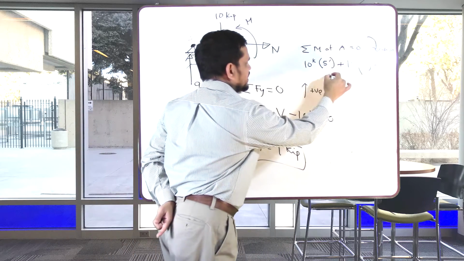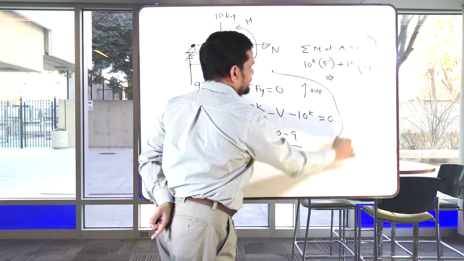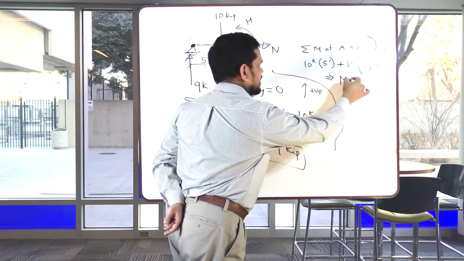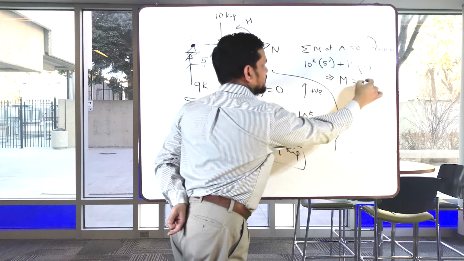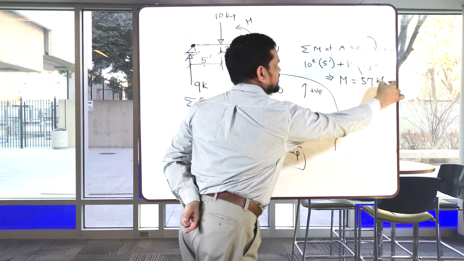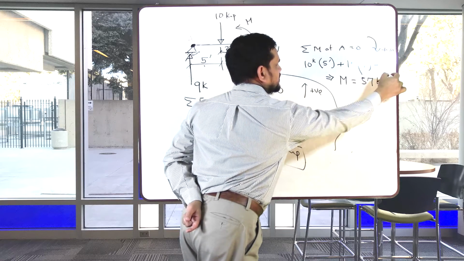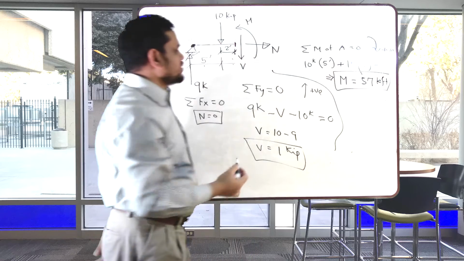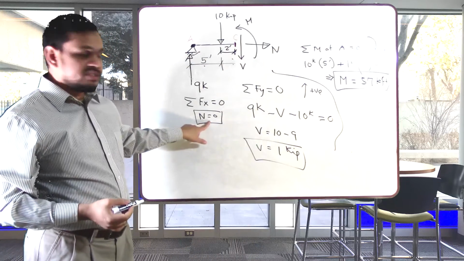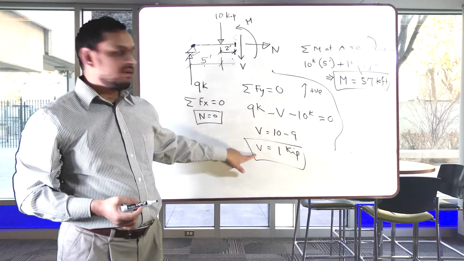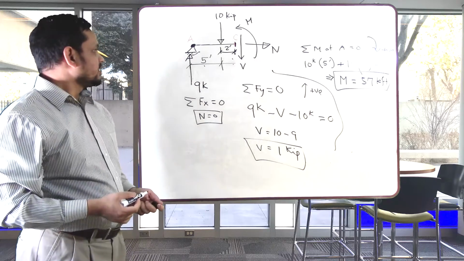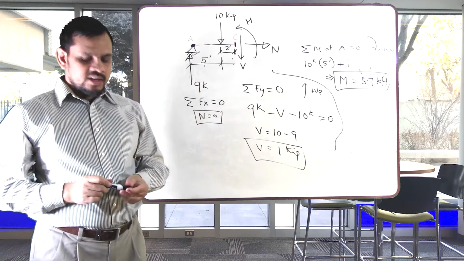Now if I solve it, M is 57 kg-feet. So I found that at point C, my normal force is 0, shear force is 1, moment is 57. So this is the way to find internal reactions.